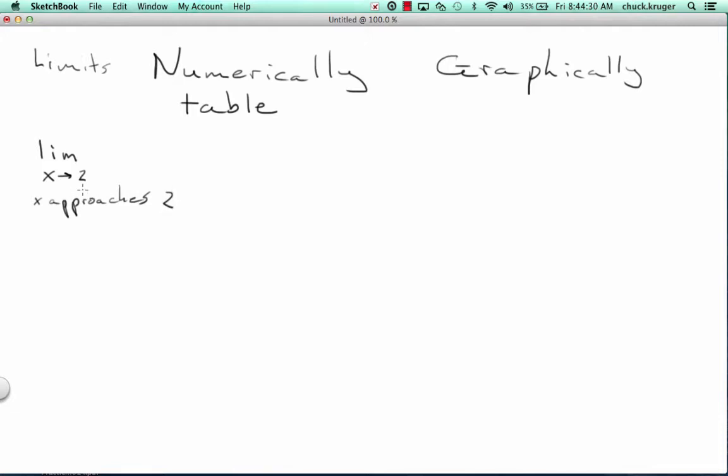Not what x is at 2, but what y is becoming as x approaches 2. And so what I'm going to do here is put a function up here, and my function is going to be 2x plus 1.